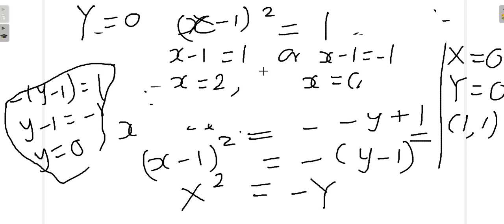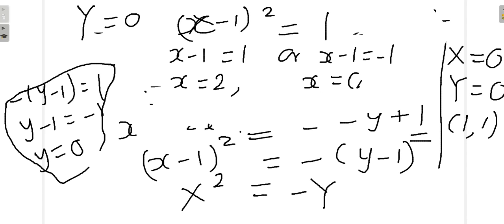So the curve meets the x-axis at 0 and 2, and the curve meets the y-axis at 0. Based on this information, we are going to draw the curve.